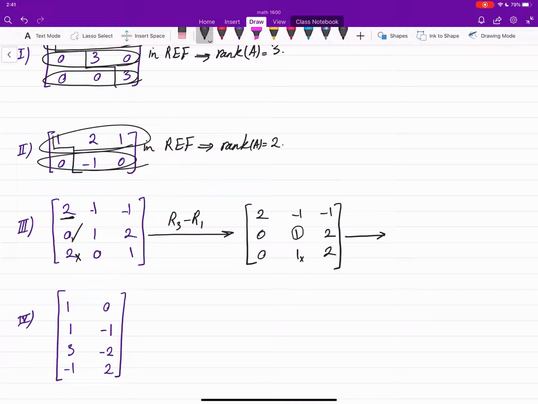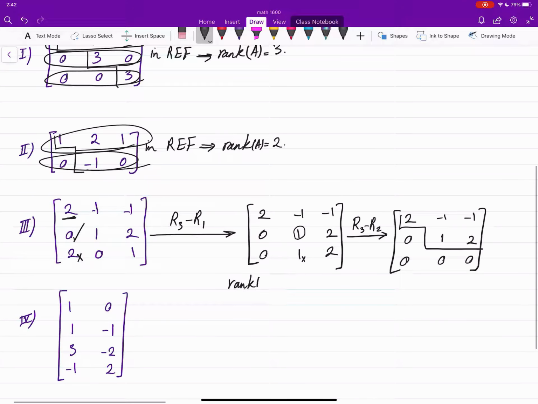So here, to make that one 0, we have to do R3 minus R2. This way we get 2, -1, -1, and 0, 1, 2, and this gives us 1 minus 1, 2 minus 2. And as you can see, although the original matrix had 3 non-zero rows, its row echelon form has only 2. So that means that the rank of this third matrix, let me call it C, is just 2.